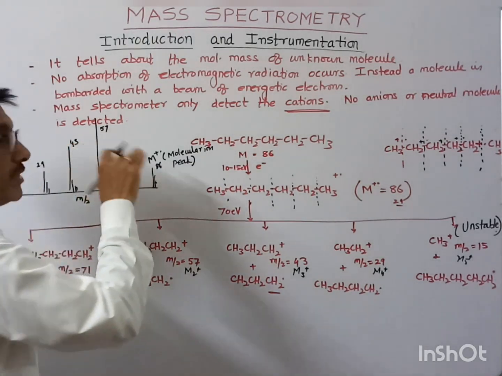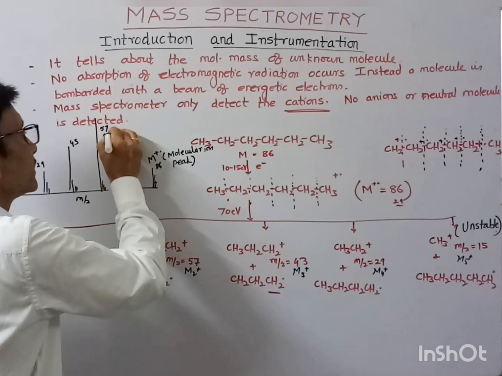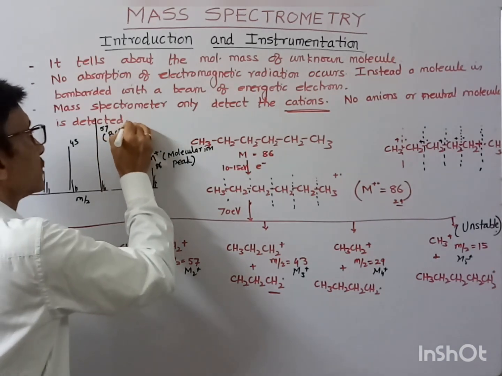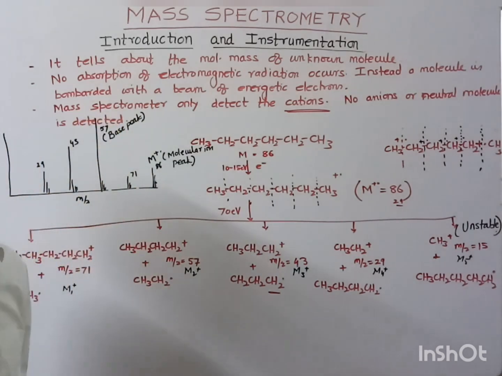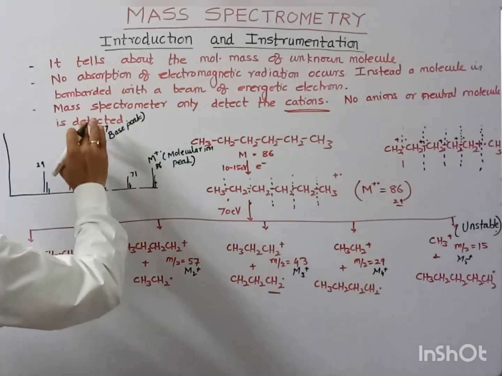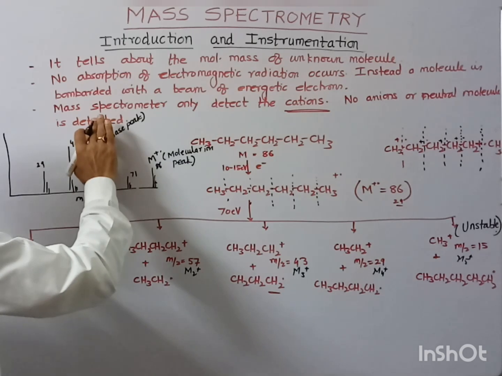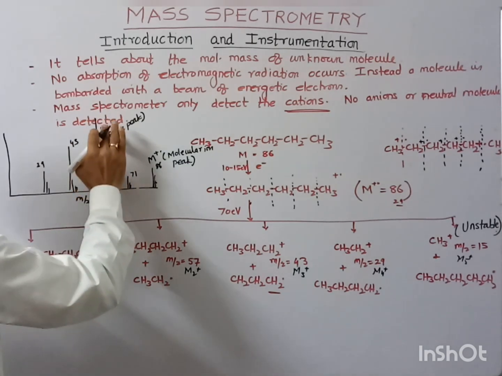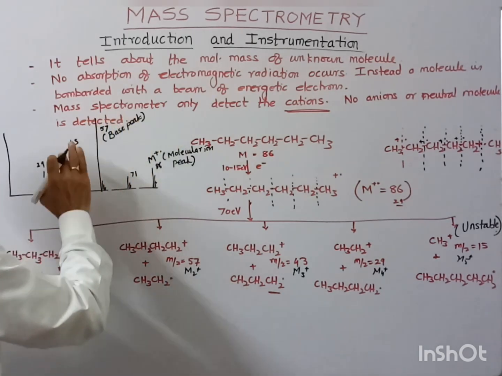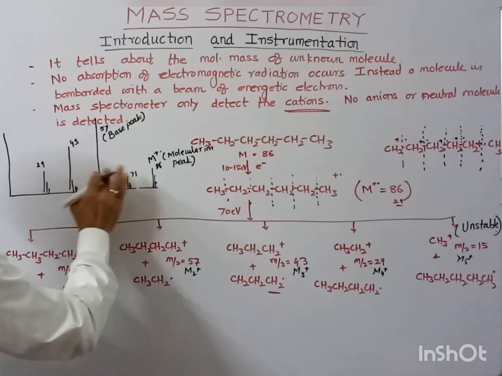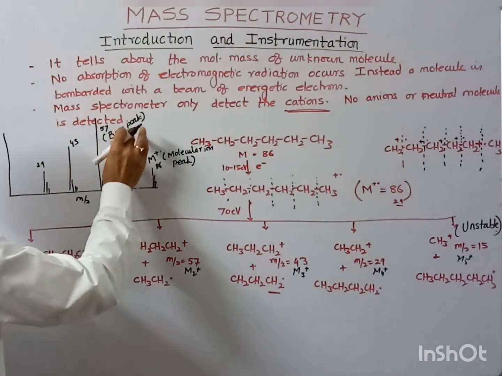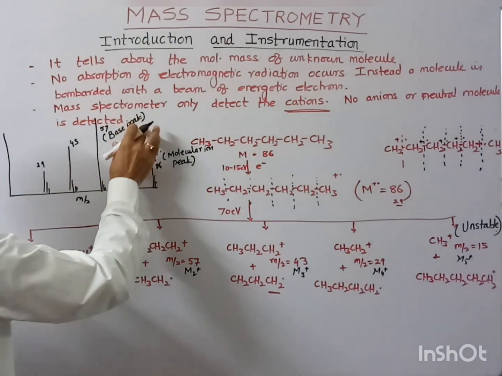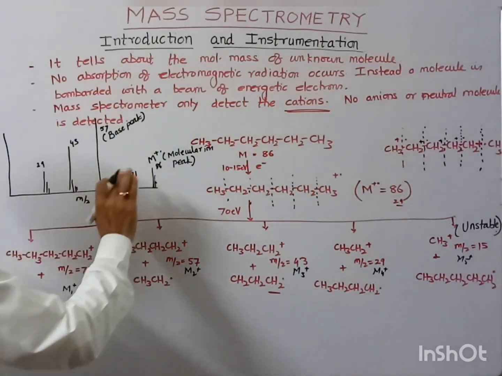So this peak which has the highest height is called the base peak, and its relative abundance is taken as 100. Relative to this base peak, the relative abundance of other peaks is determined.